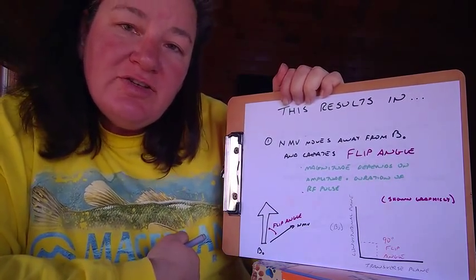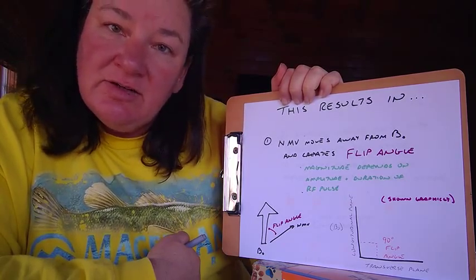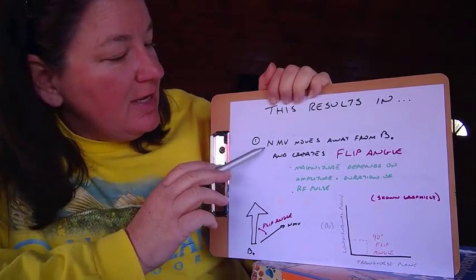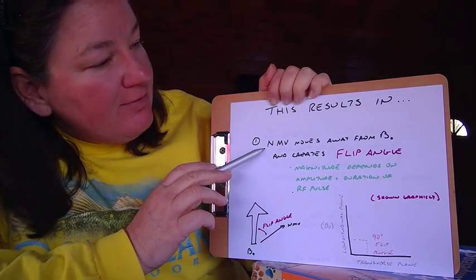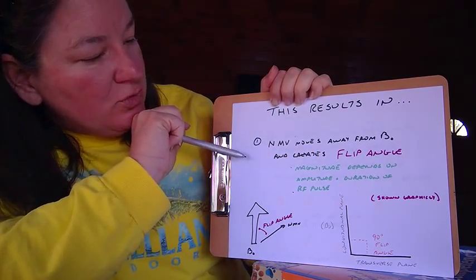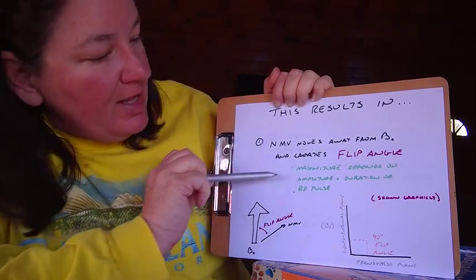Now, resonance creates two different things that help us to be able to see the signal in MRI. The first, as we've already kind of seen, is that it moves the net magnetic vector away from your external magnetic strength. And this creates what they call a flip angle.